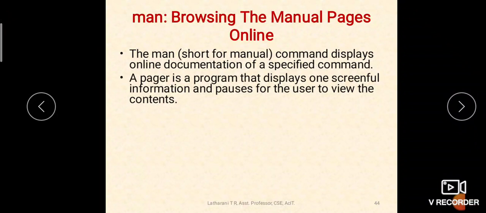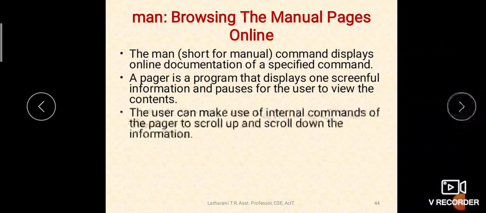The information above, 2-3 screens up, is not visible to us. So, we can make the output of a command display page by page. For that purpose we use pagers.